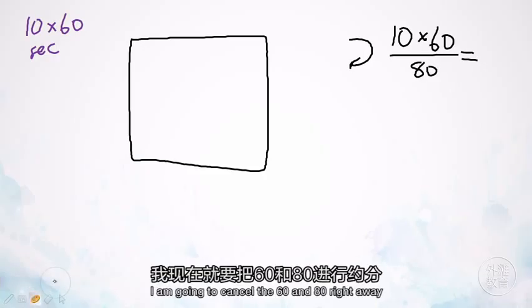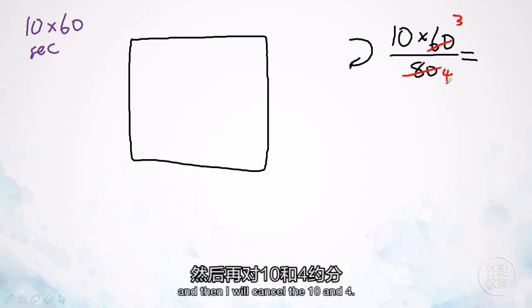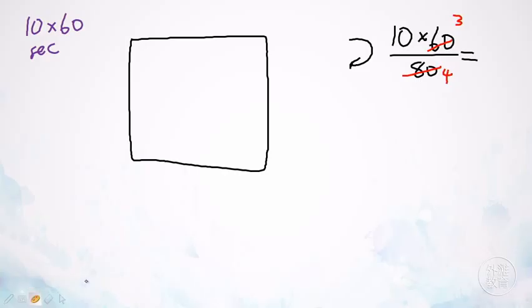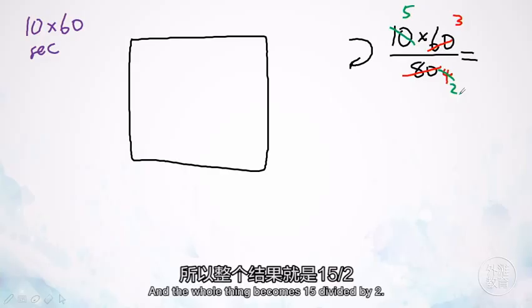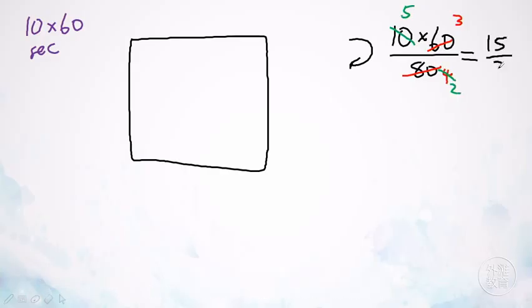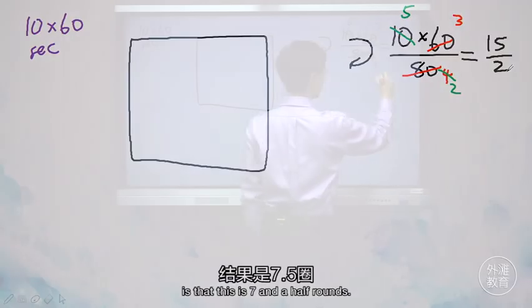I'm going to cancel the 60 and 80 right away as 3 and 4, and then I will cancel the 10 and the 4, and I will get 5, 2 here, and the whole thing becomes 15 divided by 2. So what this means is that this is 7.5 rounds.